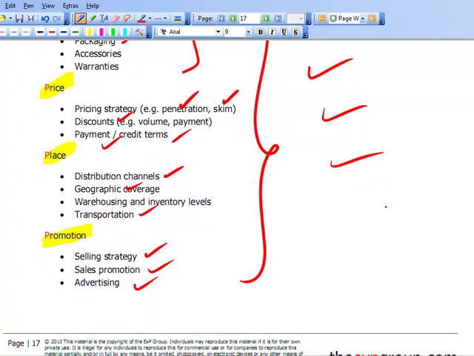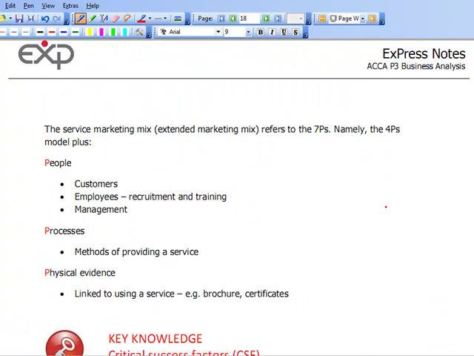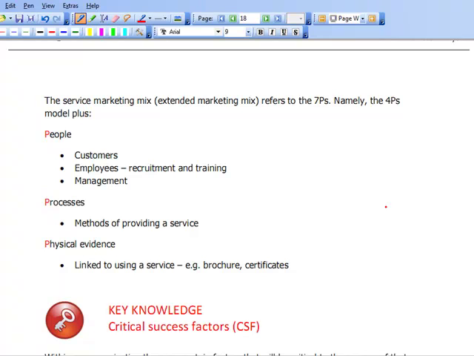If we have a look now at page 18, we've got the 4 Ps, which we've just looked at. And now I want to introduce you to the service marketing mix. This is often known as the extended marketing mix, and it refers to the 7 Ps. And the 7 Ps are for service industries.